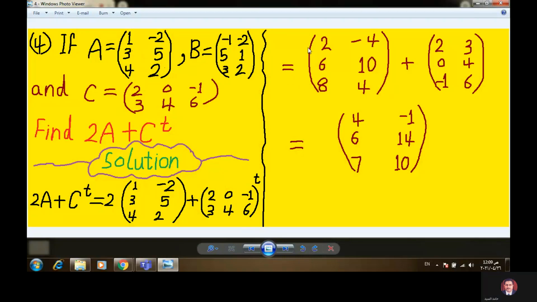All of this equal this matrix of elements 2, negative 4, 6, 10, 8, and 4 plus this matrix of elements 2, 3, 0, 4, negative 1, and 6. This equal this matrix of elements 4, negative 1, 6, 14, 7, and 10 by adding the corresponding elements.